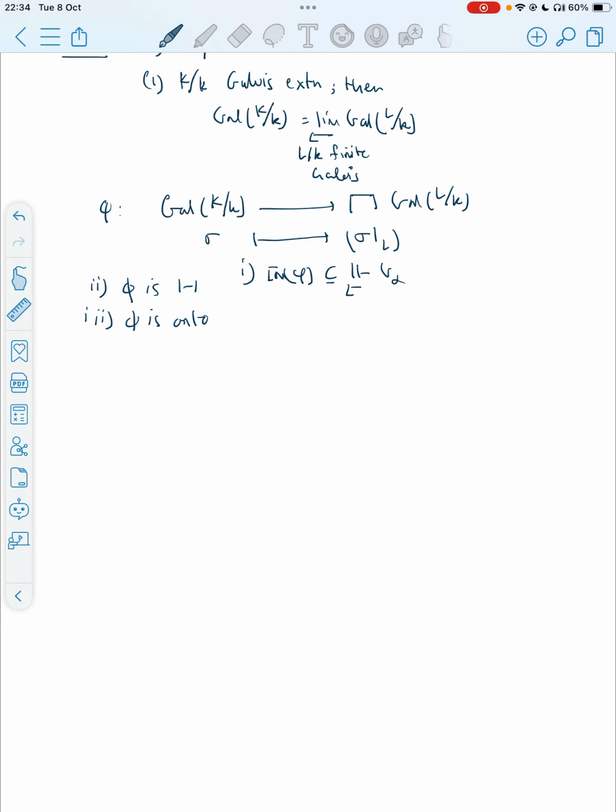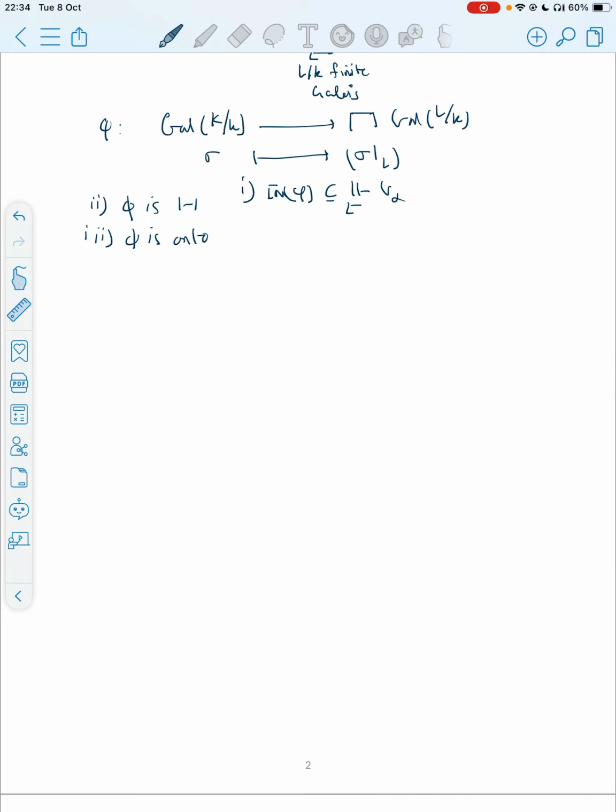Injective is pretty easy to see because this map is non-identity. So sigma is non-identity, so it will move some element alpha, right? So then you can look at L, which is just small k joined with that alpha. That's a finite extension.